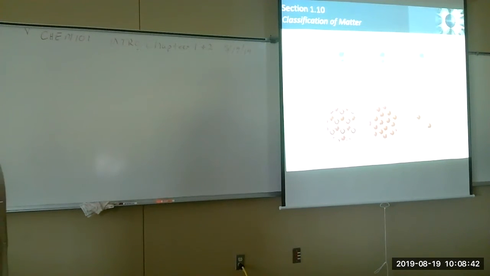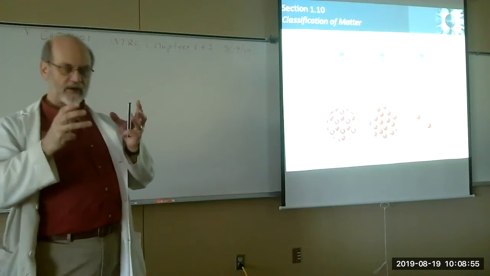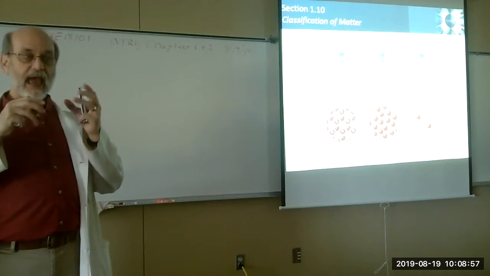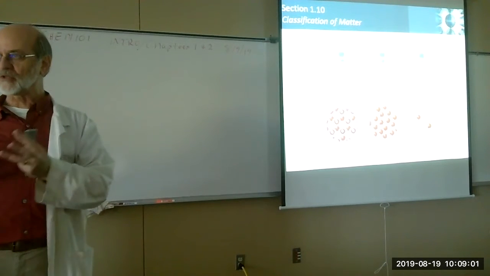If you have a solid, and ice is an example, the molecules are locked into position. So a solid has a definite volume and a definite shape. It doesn't need any type of container to hold its shape.